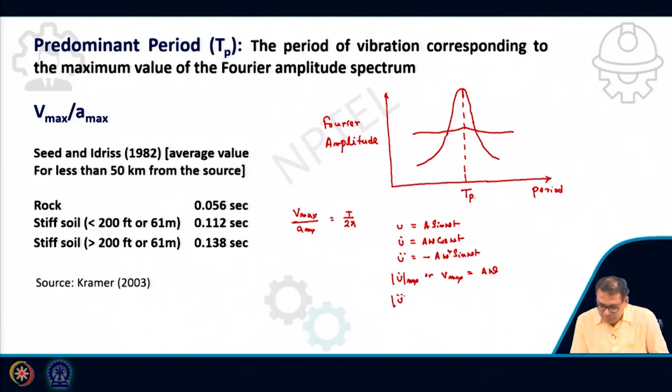Similarly, u double dot max, or Amax, if I take the mod, will be A omega square.